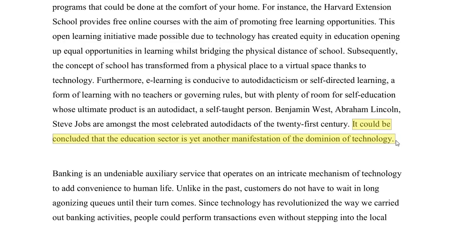The reader will not be alerted that this is the end of body paragraph 2, in which we talked about education or the learning experience. It could be concluded that the education sector is yet another manifestation of the dominion of technology. That is, the education sector is also a part of the monopoly of technology.